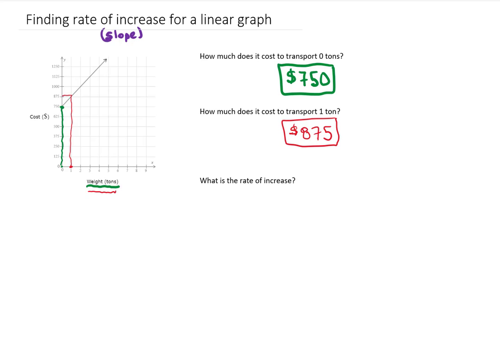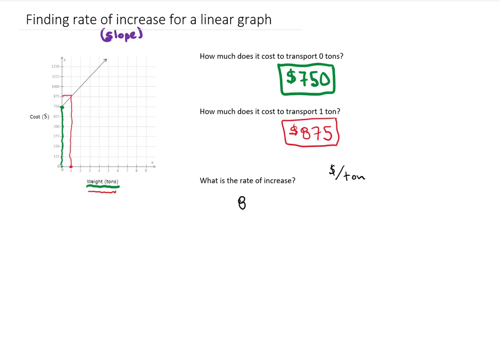Okay? Now, what is the rate of increase? Now, just like slope, right, rise over run, change in y over change in x, the rate of increase here is going to be in units of dollars per ton. How much does the cost go up per ton? So since we did 0 and 1, conveniently, we can just take those two numbers, which have a difference of 1 ton, and figure out how much it went up by over those two values.